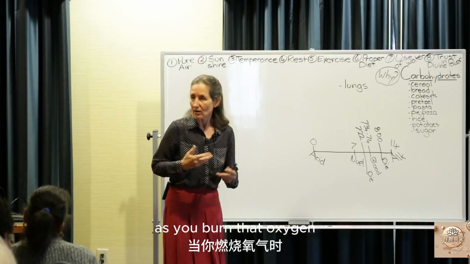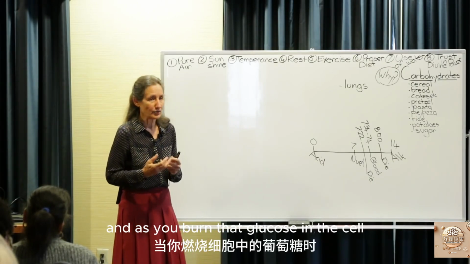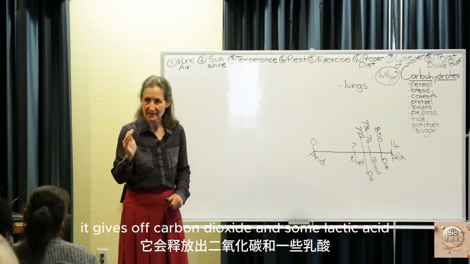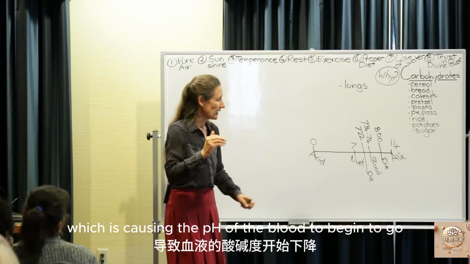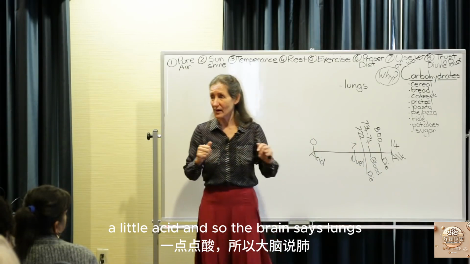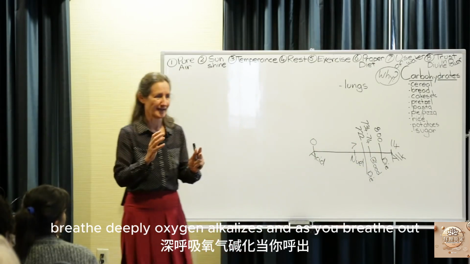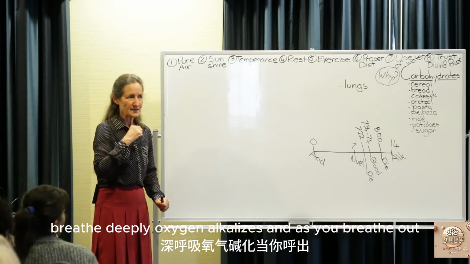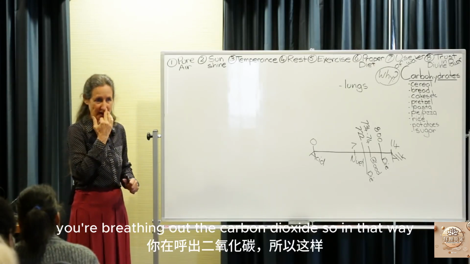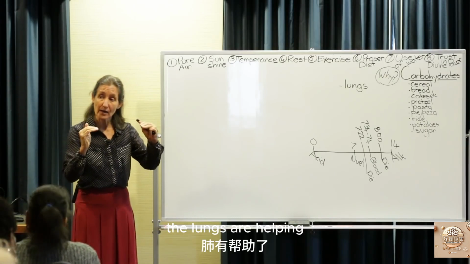As you burn that oxygen and as you burn that glucose in the cell, it gives off carbon dioxide and some lactic acid, which is causing the pH of the blood to begin to go a little acid. And so the brain says, lungs, breathe deeply. Oxygen alkalizes, and as you breathe out, you're breathing out the carbon dioxide. So in that way, the lungs are helping.